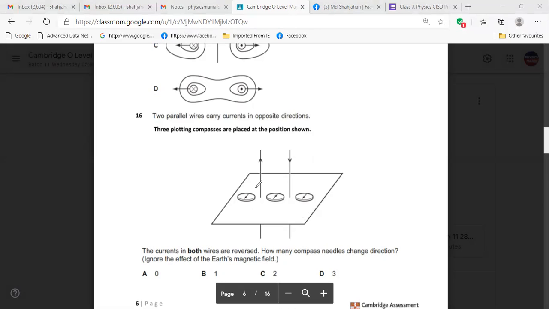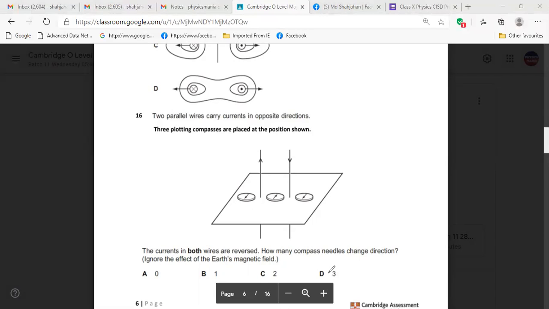And this one will be downwards. Now it is anti-clockwise, and then it will be clockwise. So it is also changed. So I think the answer should be D. What do you think?